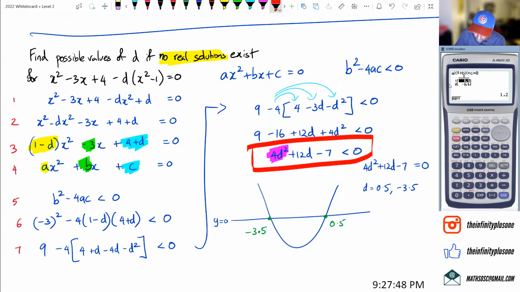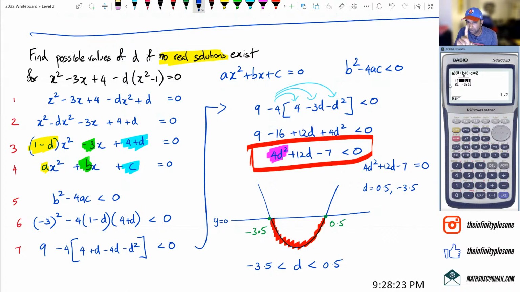We are looking for when this graph is less than 0, and that's actually between these two values. So we're going to simply write this as -3.5 less than d less than 0.5. All I've done there is say that d has to be between -3.5 and 0.5. And if that happens, there are no real solutions.